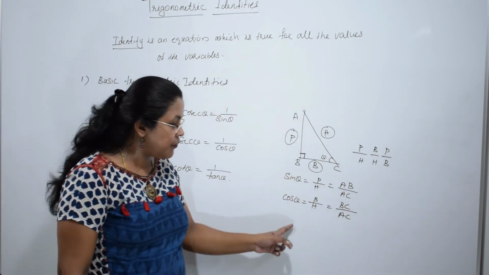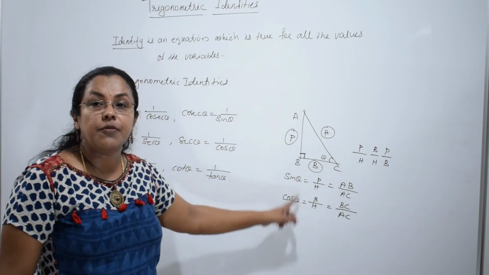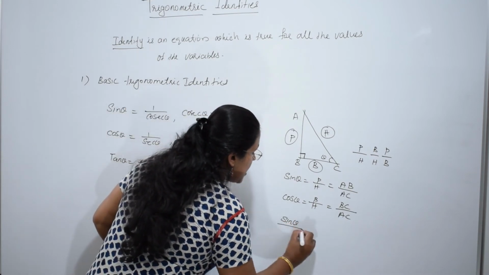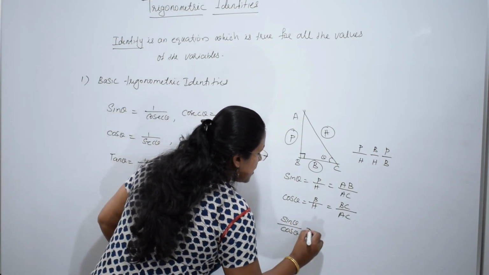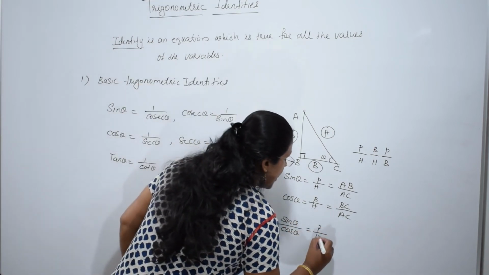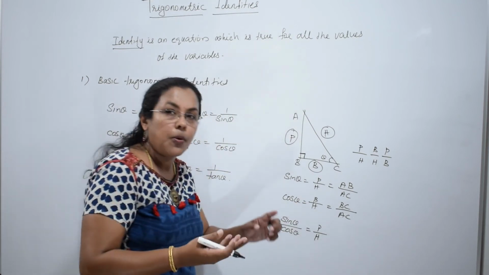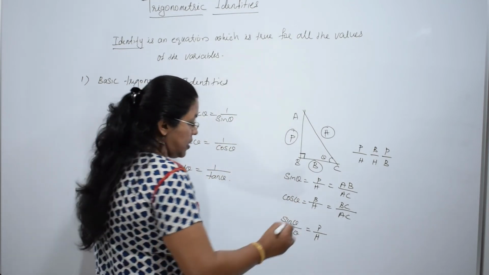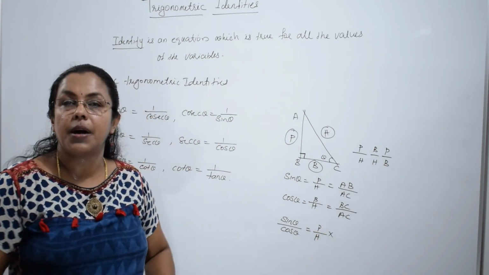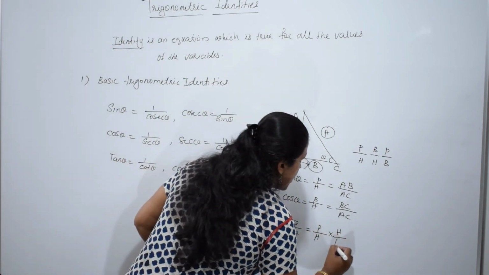What will happen if we divide these two ratios? Sin theta upon cos theta is equal to perpendicular upon hypotenuse divided by base upon hypotenuse. In order to divide by something, multiply by its reciprocal, so it is hypotenuse upon base.